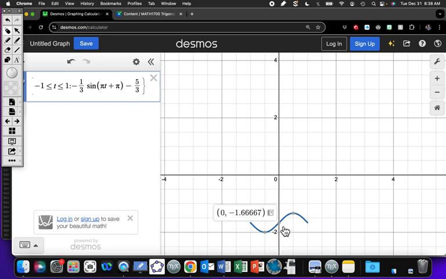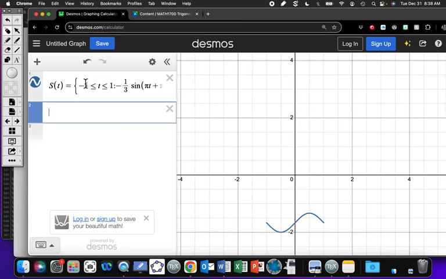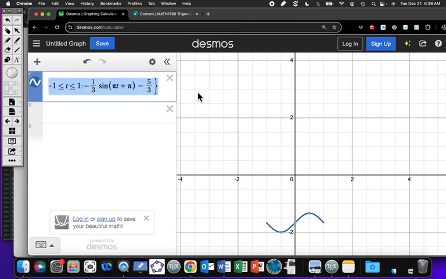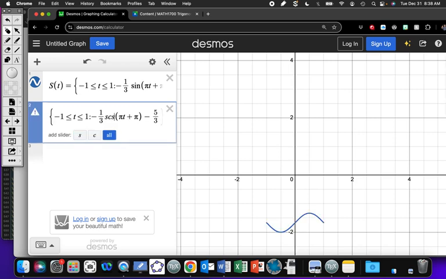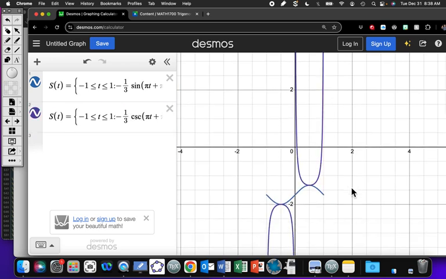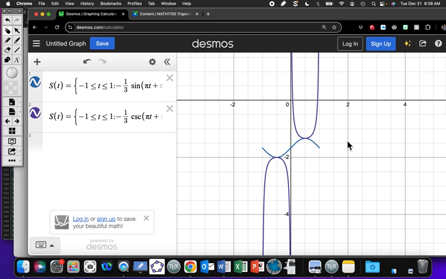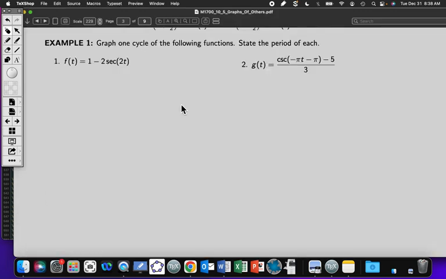And then we've got 0 here, -5/3. And then for the cosecant, so that'll do it for example 1.